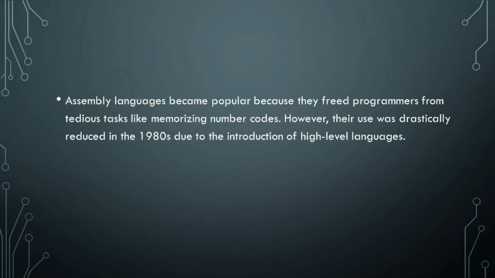Assembly languages became popular because they freed programmers from tedious tasks like memorizing number codes. However, their use was drastically reduced in the 1980s due to the introduction of high-level languages.